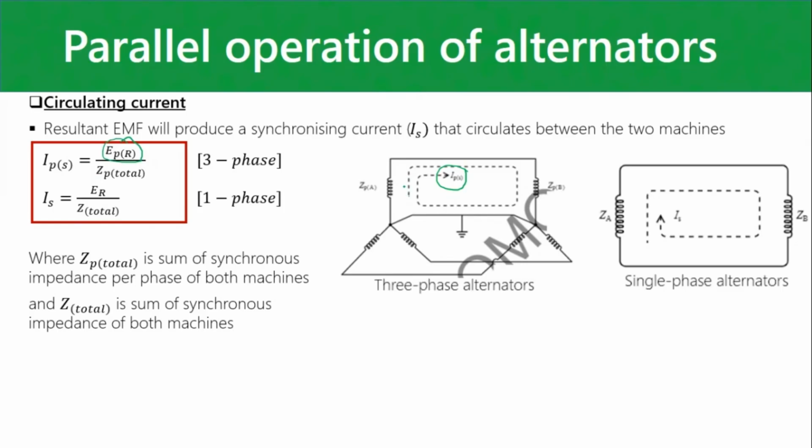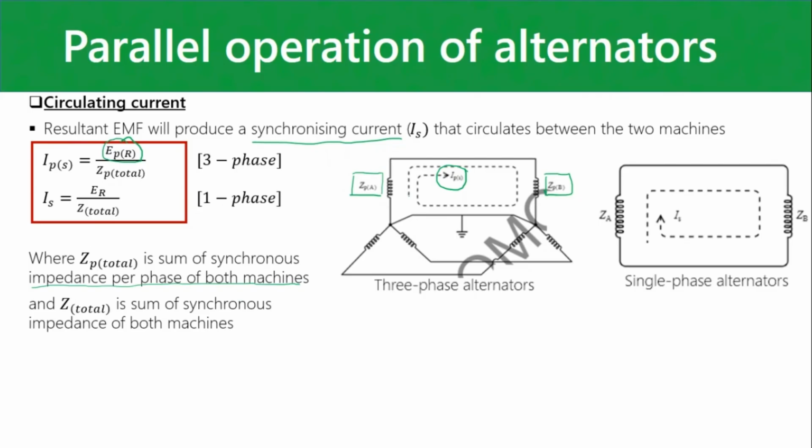And notice that the current circulates through the phase impedance of A and the phase impedance of B. So the circulating current, which you could also call synchronizing current, is EPR over ZP total. The ZP total is ZA plus ZB, so it's the impedance of both machines together. Normally they're the same.